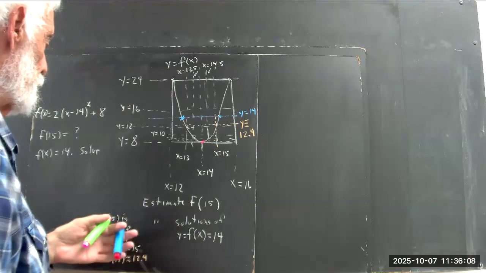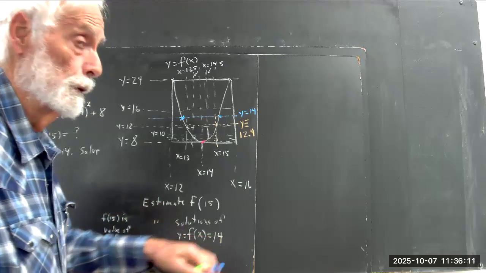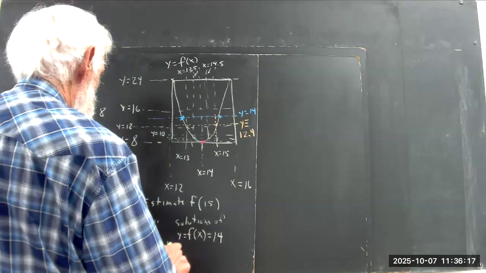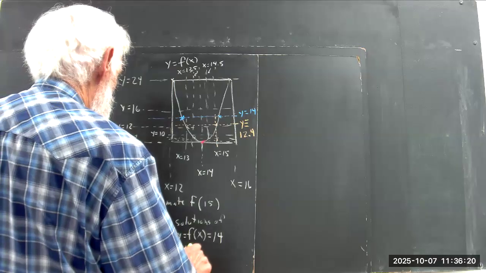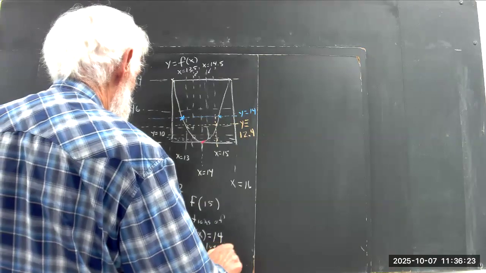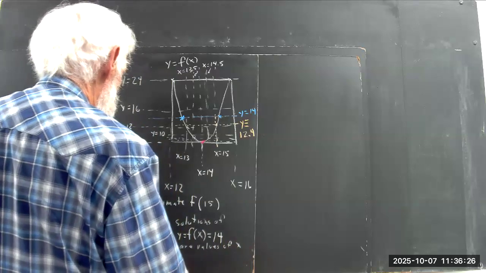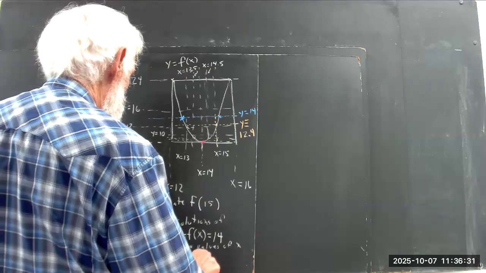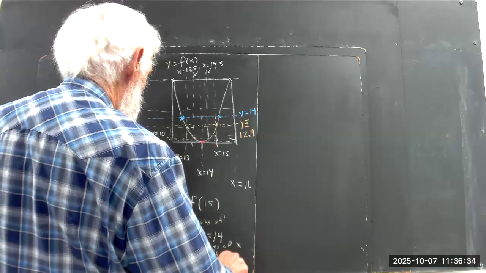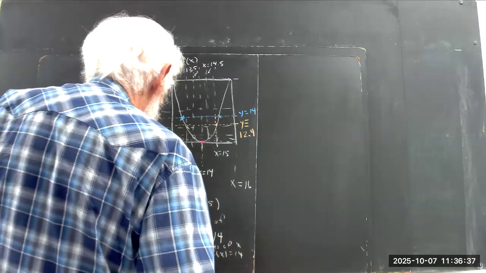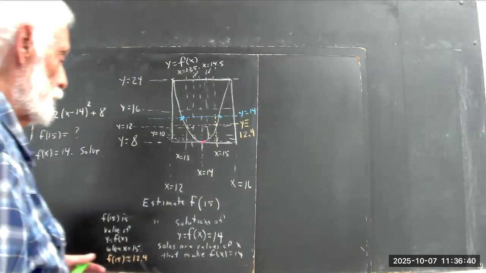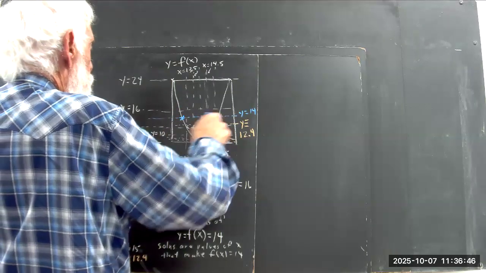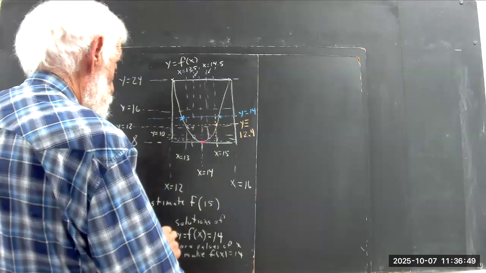The solutions are the values of x that make this true. So we want to find the values of x that make f of x 14. We have the points in the graph where f of x equals 14, because y equals f of x.